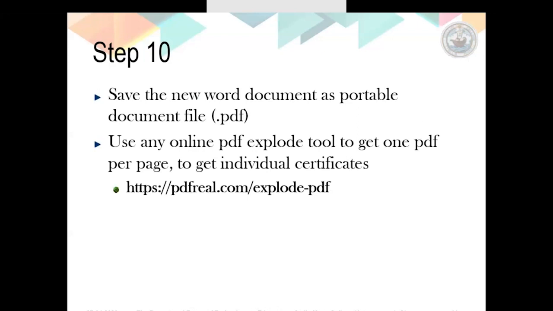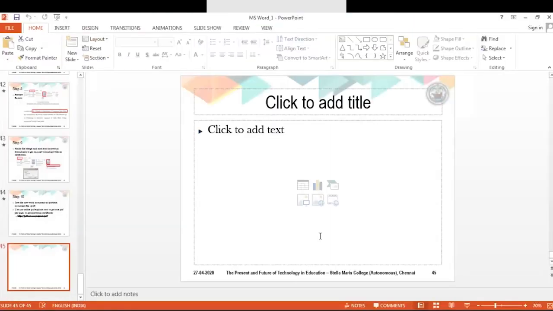Here my document had 10 or 11 pages. So if I work with a PDF explode tool, I will get 10 different PDFs. It is easy for me to have individual certificates in hand just by using this tool. Okay, so that is the end of mail merge and creating an e-certificate using mail merge.